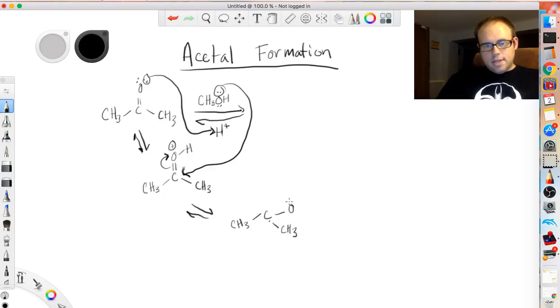It was the oxygen that actually donated the pair. So it's got a hydrogen and it's got the CH3 group here, or whatever your R group would be. There's a plus charge on that oxygen because the alcohol was neutral and it gave electrons over to the carbon here. And then this is also an alcohol. That's the original ketone carbonyl group that was there.